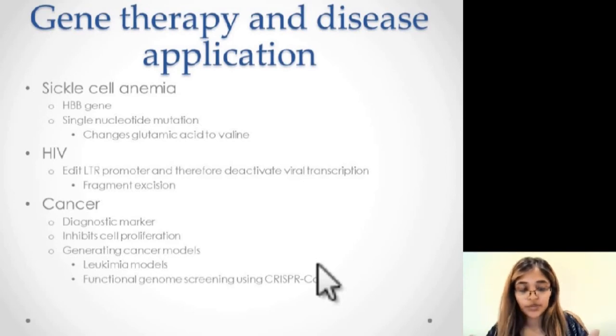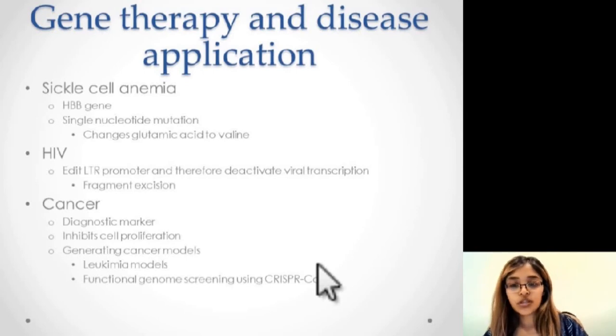A segment between the LTR and the GAG regions was successfully removed in HIV transgenic mice using CRISPR-Cas9. And when this section was removed, they found that there was a drastic reduction of HIV RNA. So they did find it very efficient.